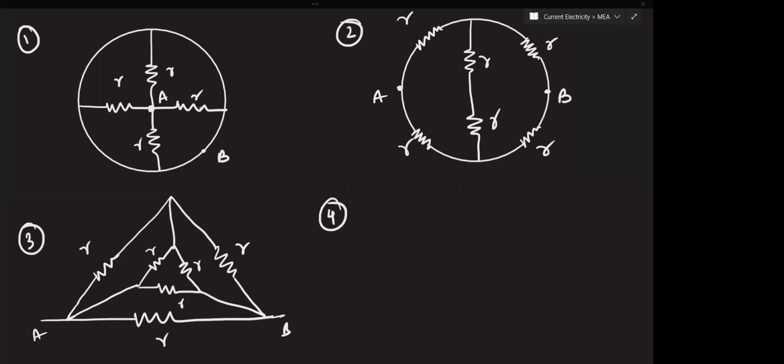Ma'am, should we use sandwich method here in first one? In the first one, you can directly use it. Just check how all of them are connected. You are closer. Your answer is close.